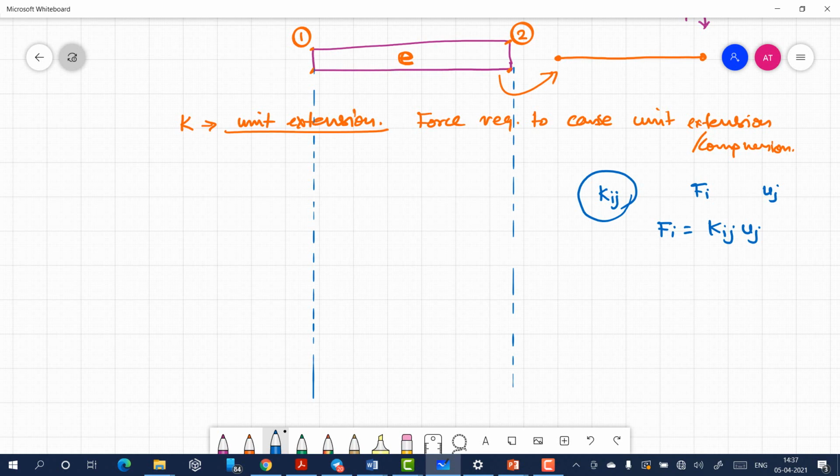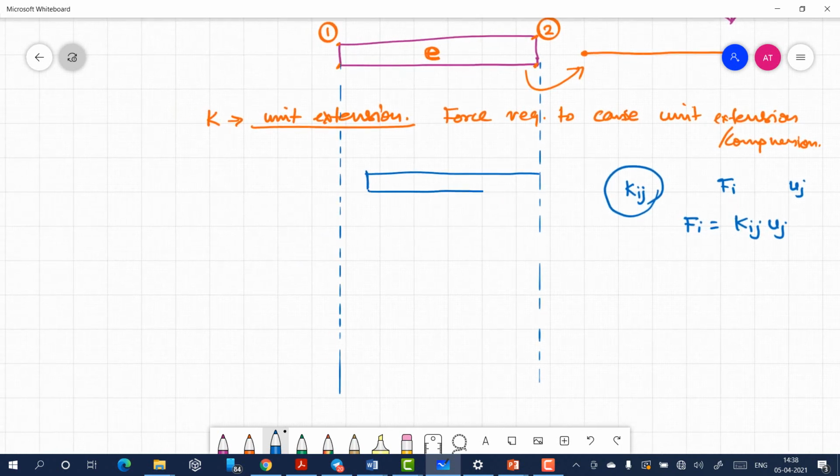So let us say that I am applying either force or displacement, one of these, in such a way that this bar is compressed. So this bar is now compressed by this amount. And what is that amount? That amount is U. And this U is unity, but let us for now define it.